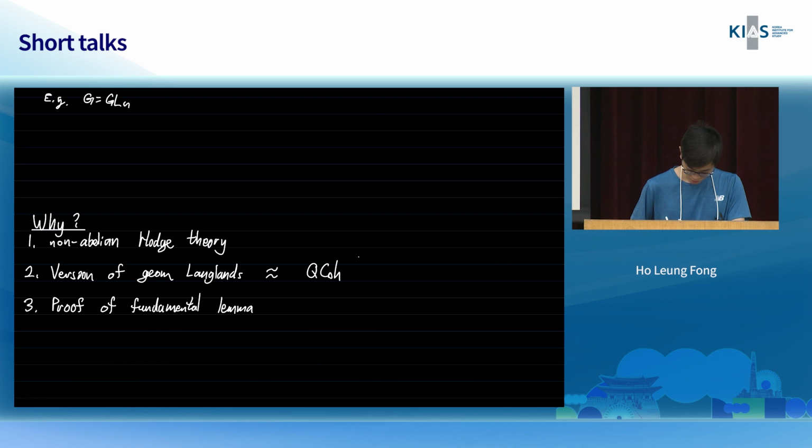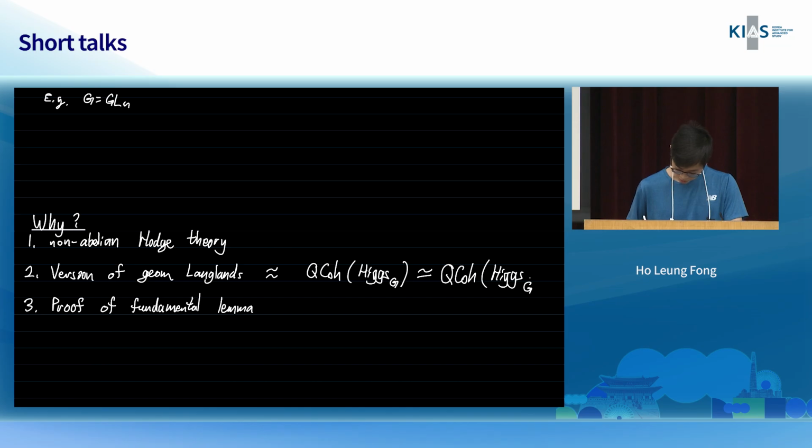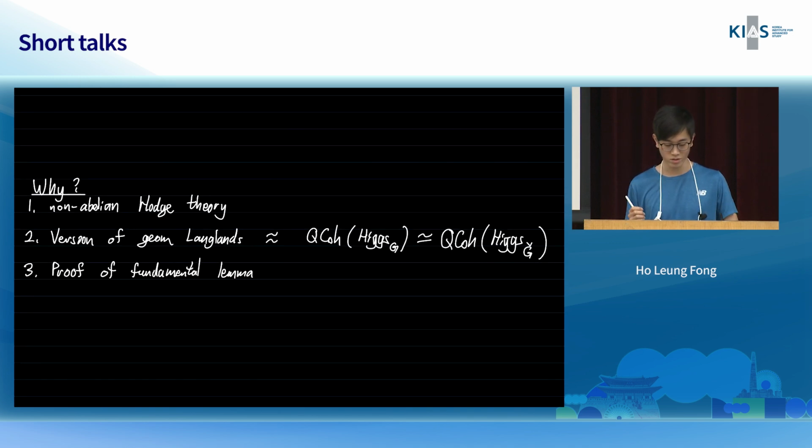that the derived category of quasi-coherent sheaves on the moduli stack of Higgs bundles is equivalent to the derived category of quasi-coherent sheaves on the moduli stack of Higgs bundles, but it's now on the dual group of G. Yeah, but this is only a rough statement.